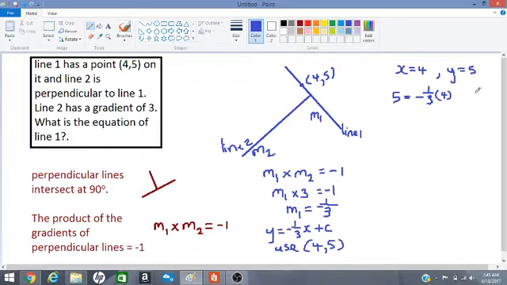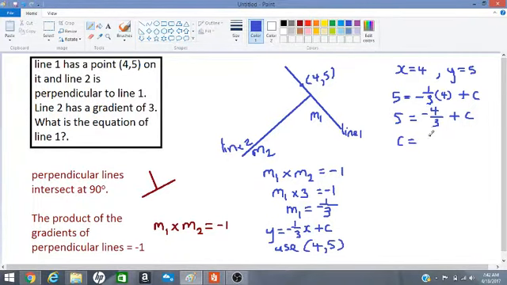Then you have to add plus c, of course. So let's multiply -1/3 by 4. Multiply the numerators: 4 times 1 is 4. We have negative 4 over 3 plus c. Let's add 4 over 3 to both sides now.